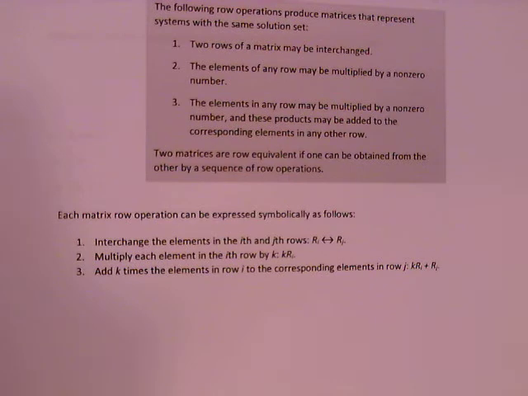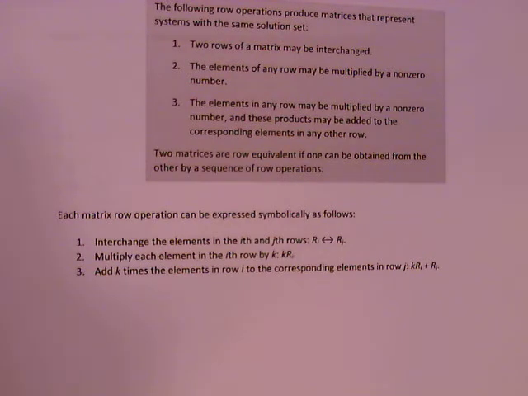Symbolically, each row operation can be expressed as follows. Number one, you can interchange the elements in the ith row and the jth row. That would be row i interchanged with row j. Number two, multiply each element in the ith row by some constant k.